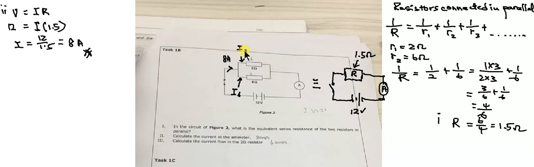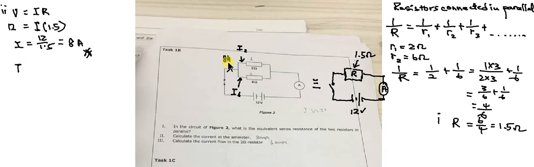I2 means the current flowing through the 2 ohm resistor, and I6 is the current that flows through the 6 ohm resistor. Now, to find I2, wait, before that, let's look at this.